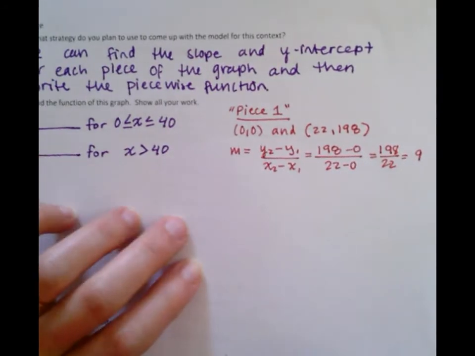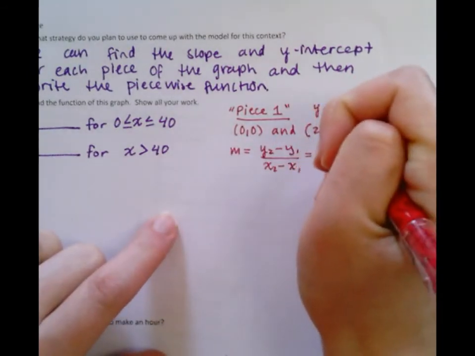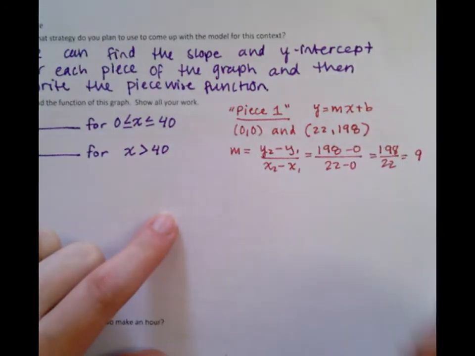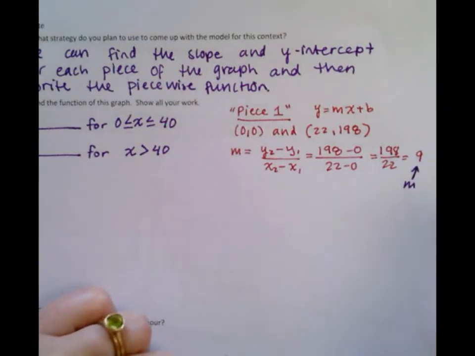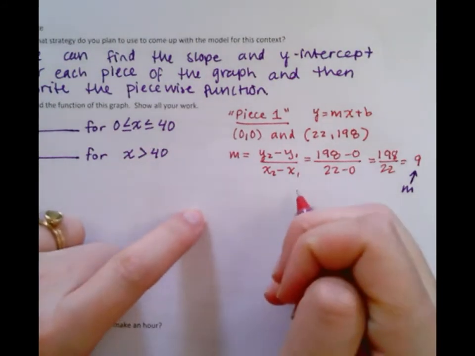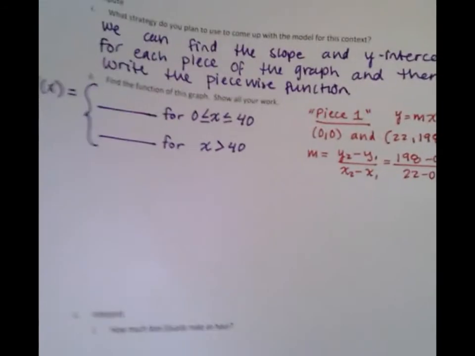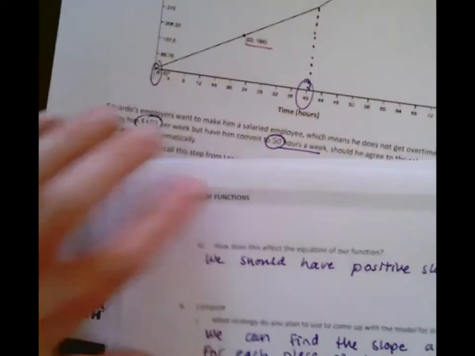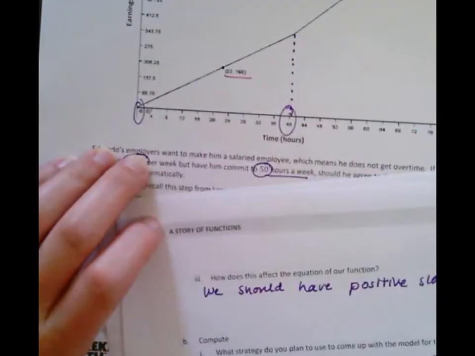Okay, the whole goal here is that we're doing a y equals mx plus b type equation, so I just found m. To find b, we can actually see the y-intercept on the graph. The y-intercept is at the origin, right? If we slide this over, we can see that this line segment hits the y-axis at the point 0, 0.